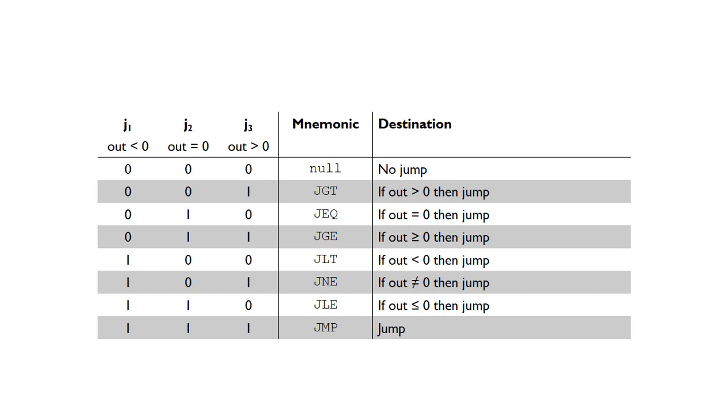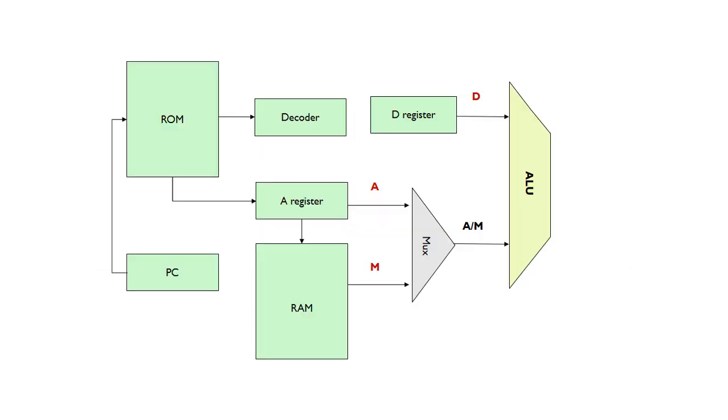So now we know about the different computations, the destinations and the jump. We can look again at the Hack computer architecture. So we know this is what we saw before. The ALU always acts on D and then the Y input.